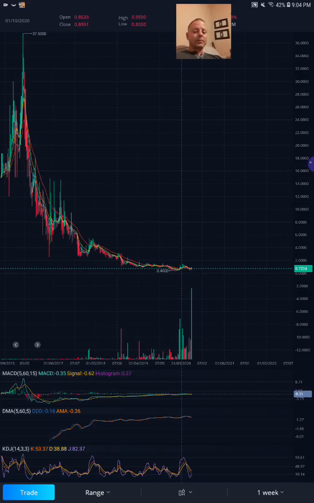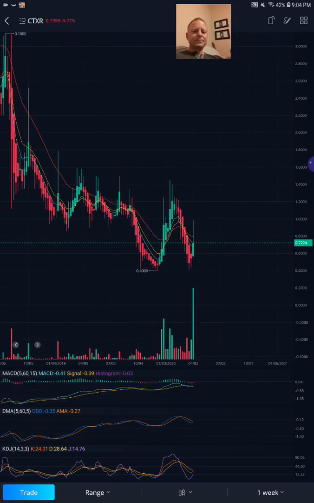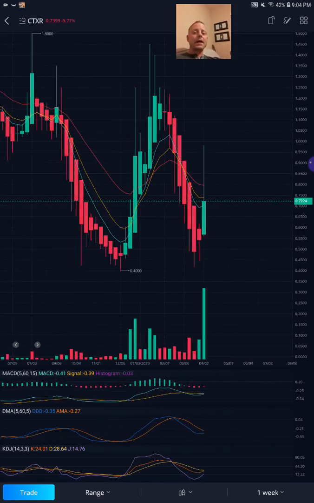I mean, it's not going to rebuild. And as you see, this has followed that pattern. But that's not to say that it's not tradable in a long position.